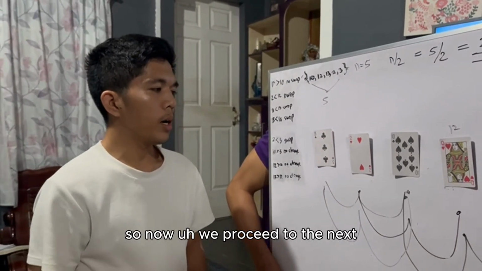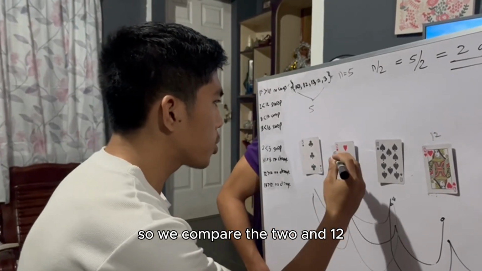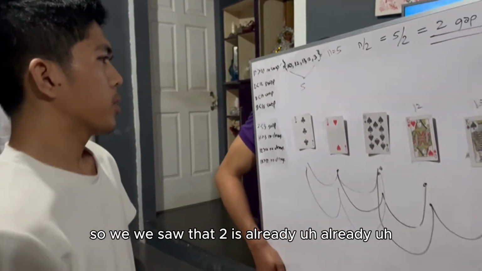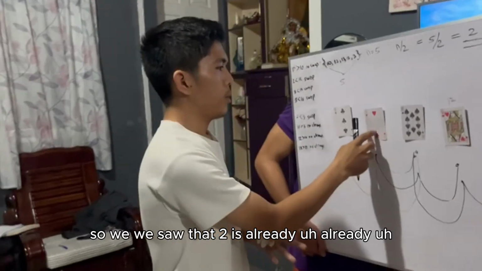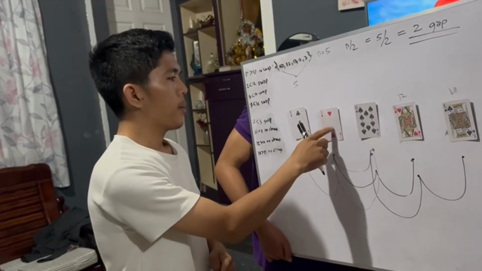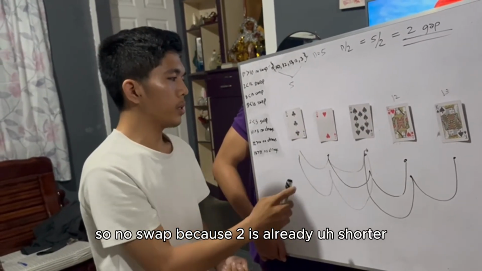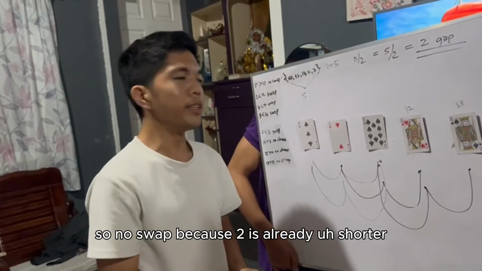Now we proceed to the next. We compare the 2 and 12. We see that 2 is already smaller than 12, so no swap.